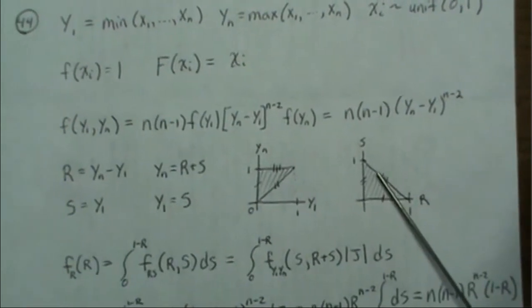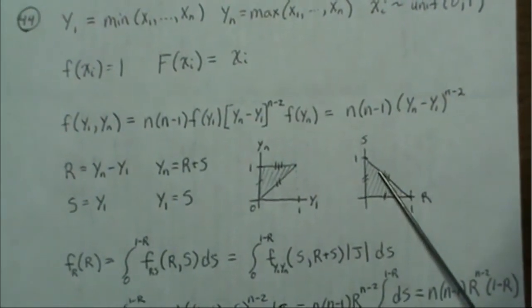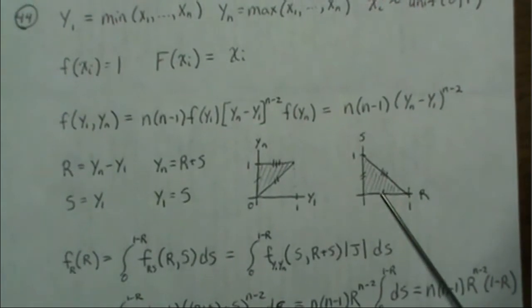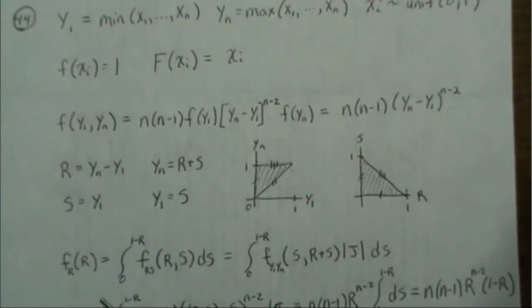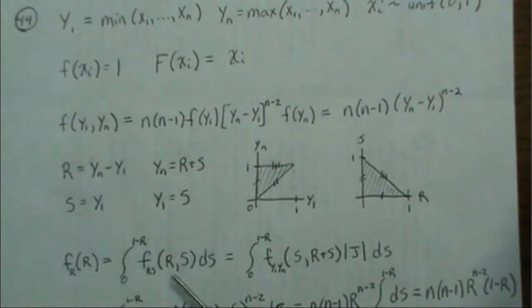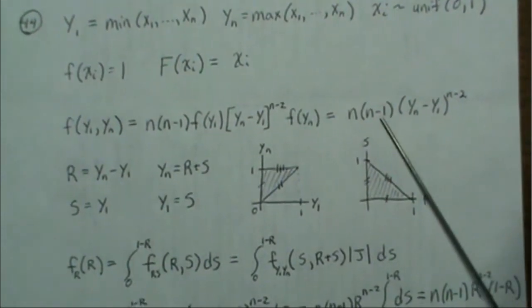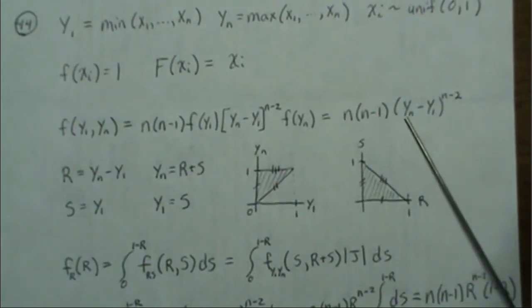So we're going to integrate out S going from 0 to 1 minus R. The distribution of R is the joint distribution of R and S with S integrated out. This joint density uses the Y1 and Yn density with these values plugged in, R plus S in for Yn.